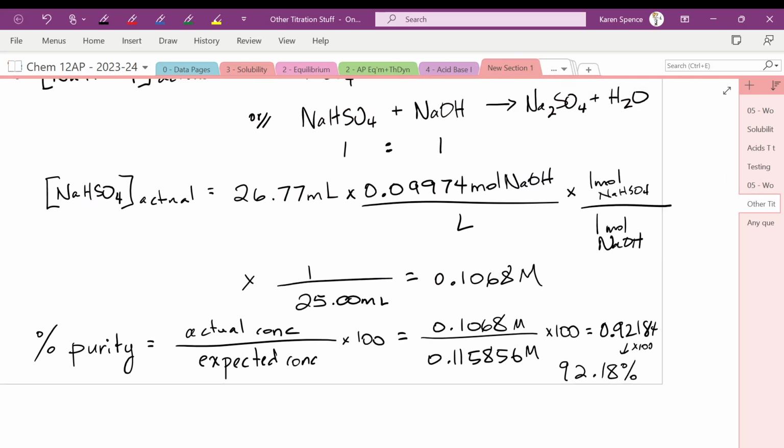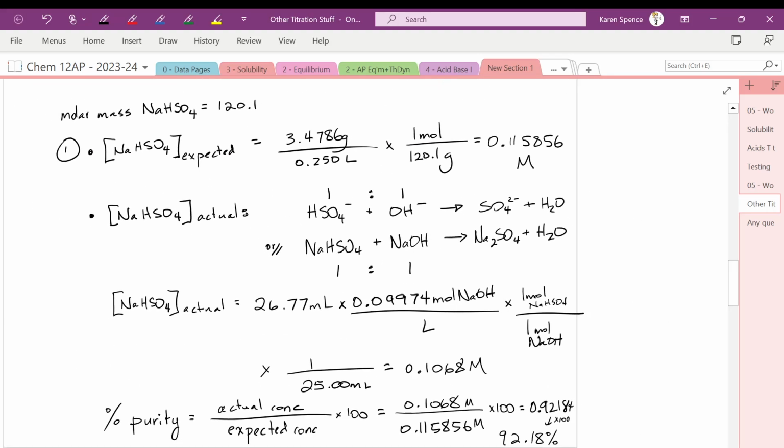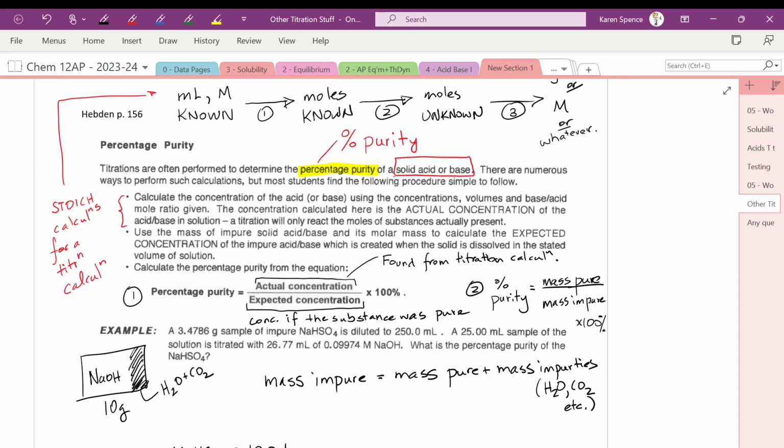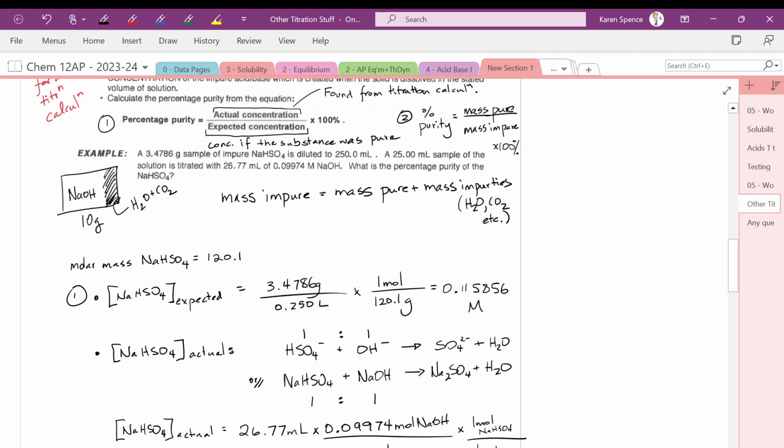Okay. Should I try the other way now? Yeah. How about you guys also try it the other way? See if you can do it with mass over mass. Or if you did it with mass over mass, see if you can do it with concentration over concentration. Whichever way you did it before, do it different now. So the two formulas, we have actual over expected concentration, or we have mass pure over mass impure. I'll write those down again.